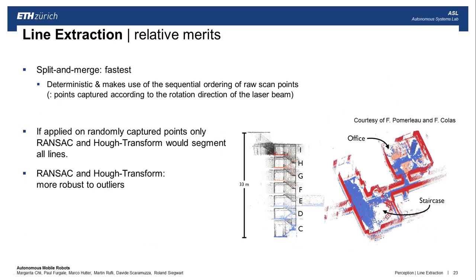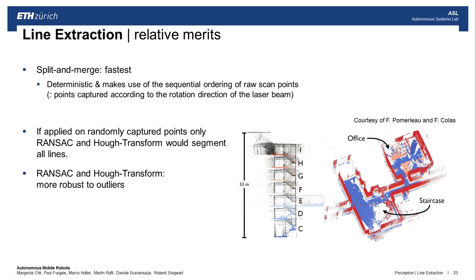To conclude this section, let's look at the relative merits of the algorithms that we have studied today. Split and merge is the fastest. It's deterministic, and it makes use of the sequential ordering of the raw scan points. This is typically the case when obtaining a point cloud with a laser beam.